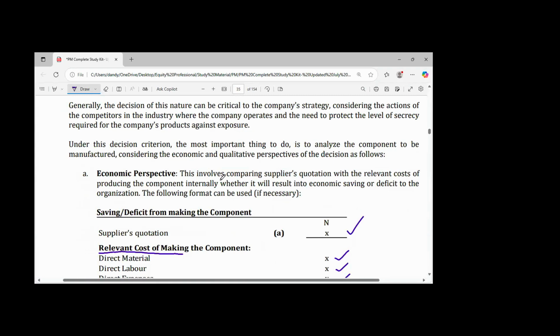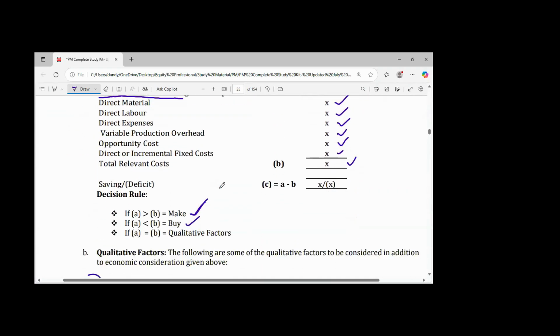Then number two is that when you want to determine the economic analysis, the most important thing you need to do is to compare the supplier's quotation versus the relevant cost of making the component, whether it will result into saving or deficit to the organization. So if the supplier's quotation is greater than the relevant cost of making the component, then it's better for the company to make it.